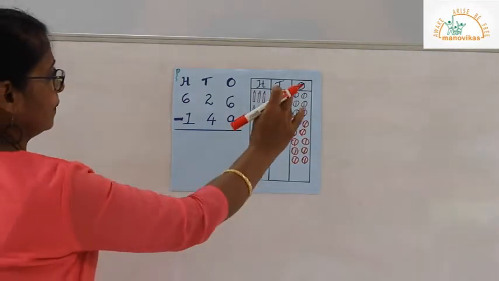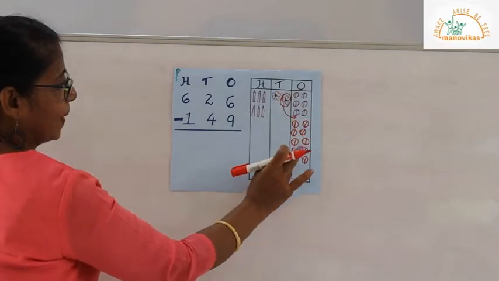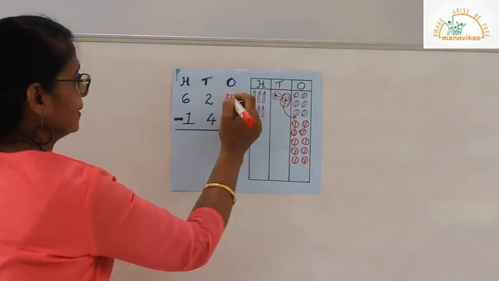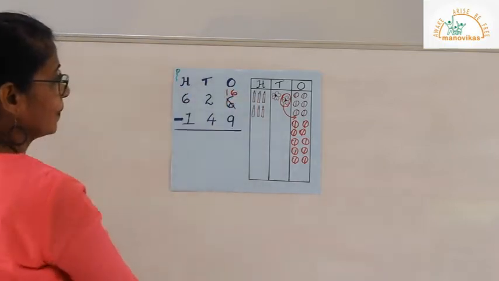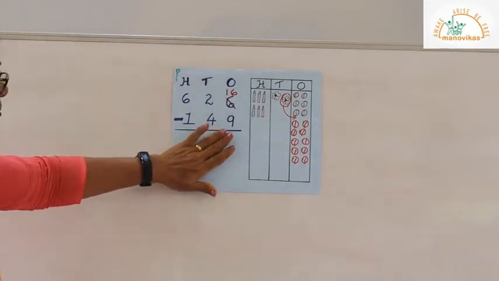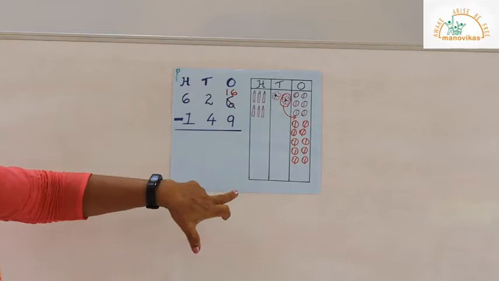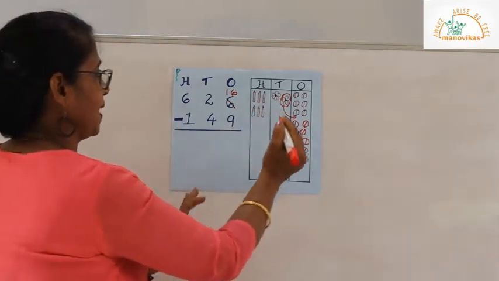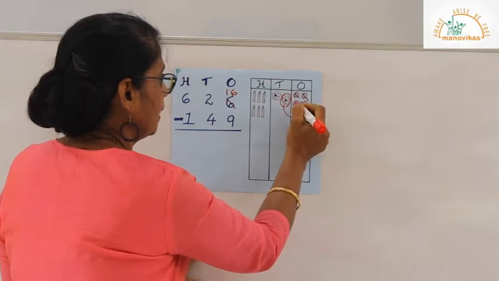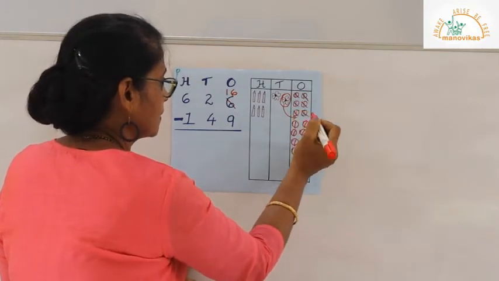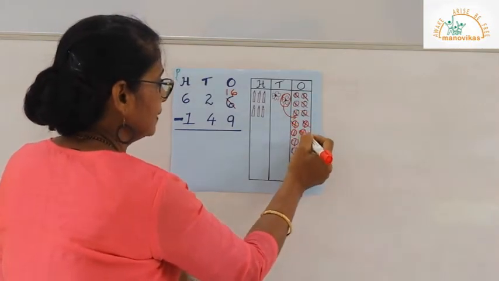Now we have 6 plus 10, that gives us 16. Now we have to subtract 9 from 16. So let's find out the difference. 1, 2, 3, 4, 5, 6, 7, 8, 9.